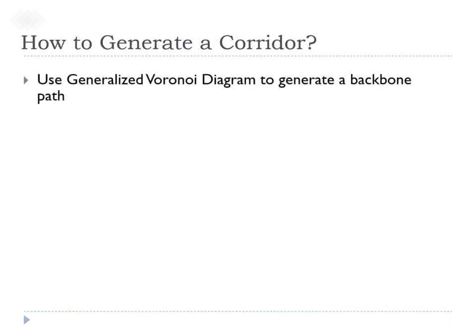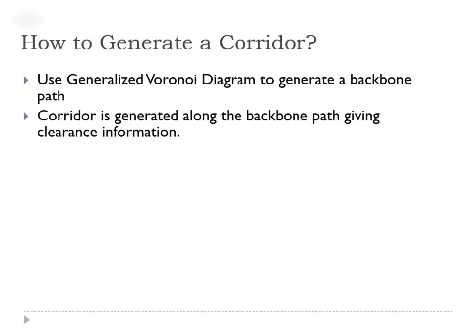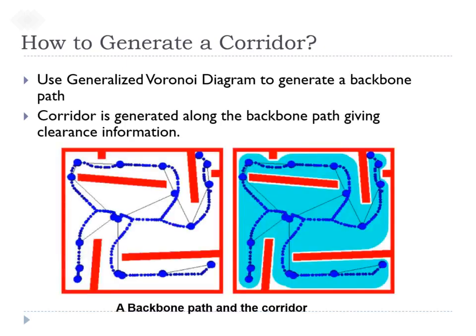Corridors are generated by first considering the roadmap as a backbone path. And then around that backbone path, all the safe locations, by looking at the geometry of the robot, are found out, and the robot can be made to move within the corridor.